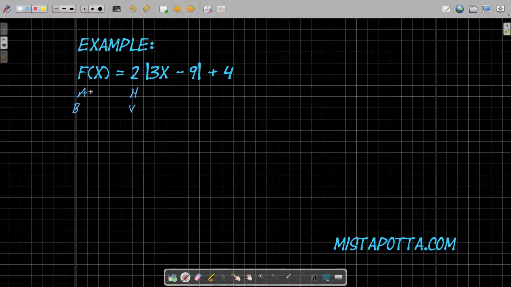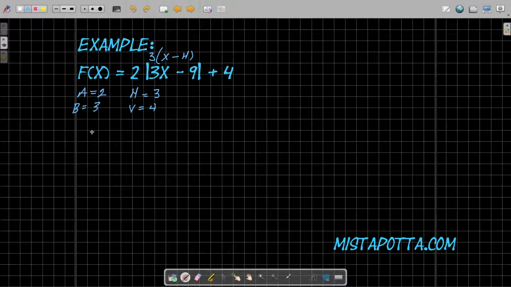So I know that a is 2 because a is always the coefficient in front of my expression. B is the coefficient of x, so b in this case is 3. H is the hardest one to figure out because remember that it has to be b times the expression x minus h. So h in this question is positive 3, and k is 4.